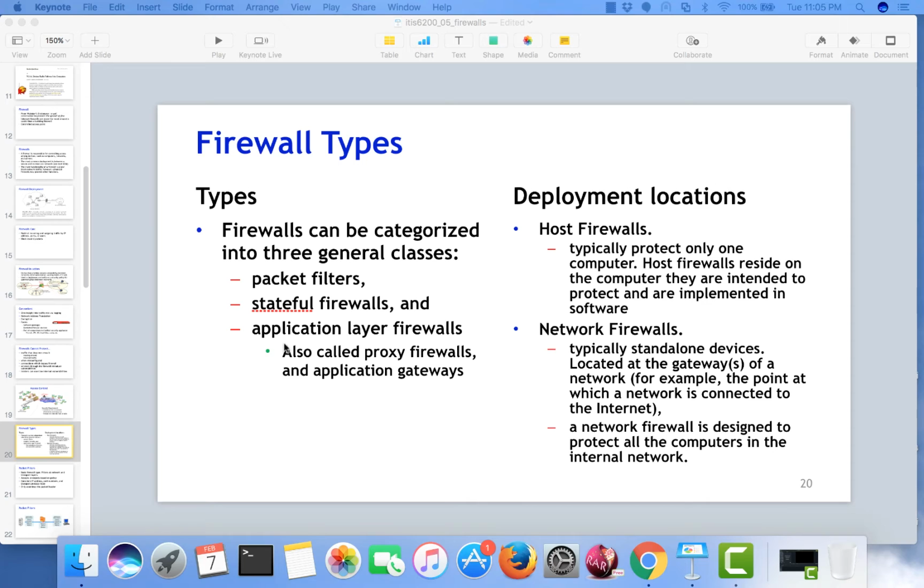This is typically a standalone device, and when you talk about setting up a firewall in our network, a firewall that's going to protect our internal systems, this is what you're talking about. You're talking about a standalone piece of equipment that's connected to the internet, and it is looking at the types of communications coming in and out, and it has rules in place to say, okay, this type of communication is okay, and this isn't.